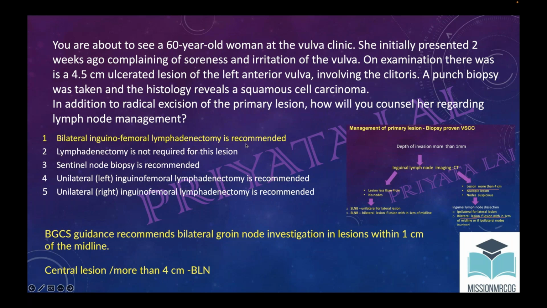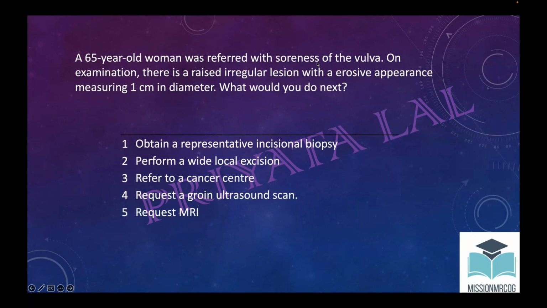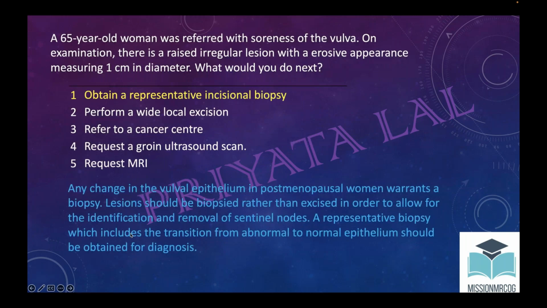Yes, ma'am. So a 65-year-old woman with soreness of the vulva, there is a raised irregular erosive lesion 1 centimeter in diameter. What will you do next? Incisional biopsy, ma'am. Yes, incisional biopsy. So first you have to do biopsy for confirmation.